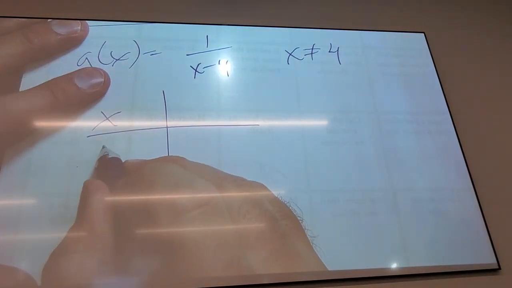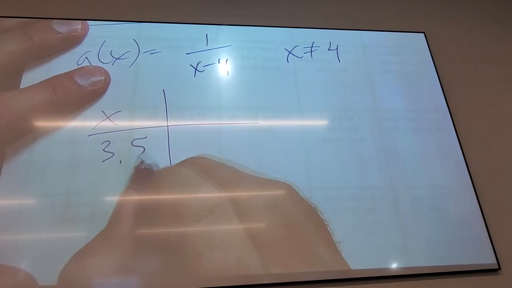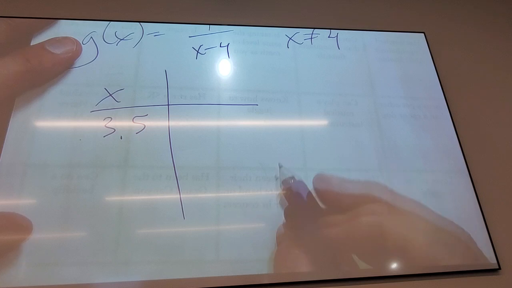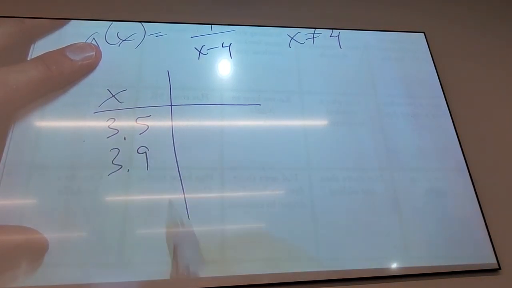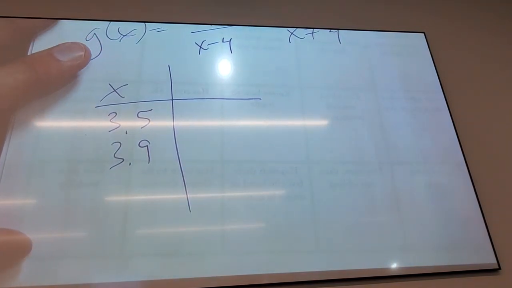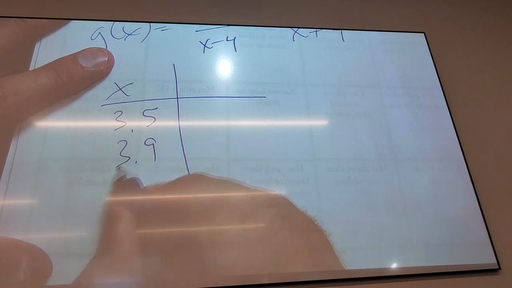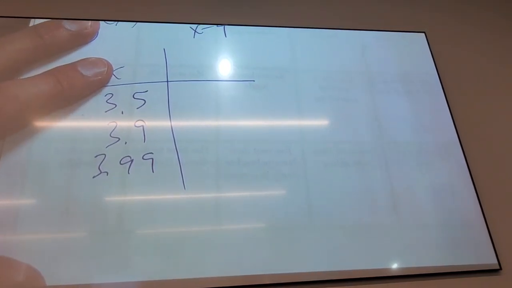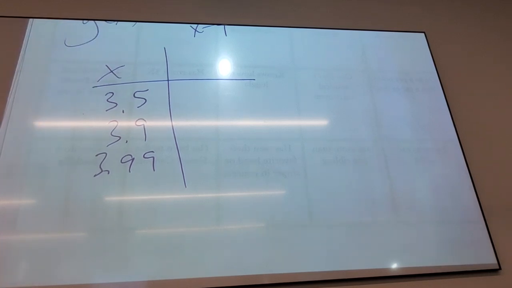Do you all agree that 3.5 is kind of close to 4? Can I get closer? 3.9 is pretty close. Can I get closer? Yes. 3.99 is pretty close to 4. Now, what if my buddy's on the other side of the blob?